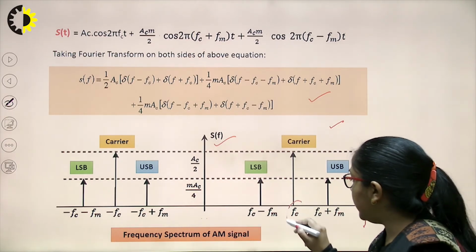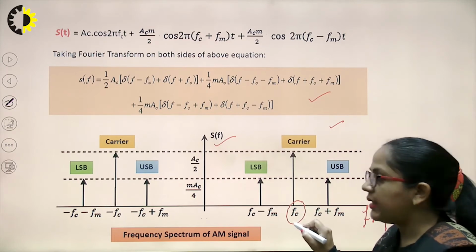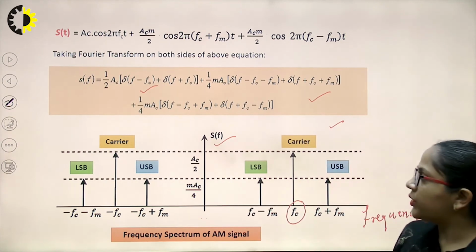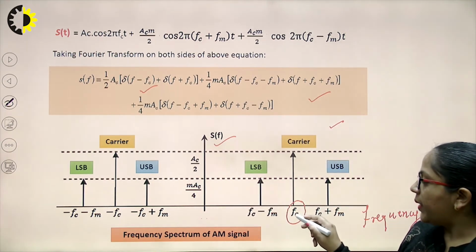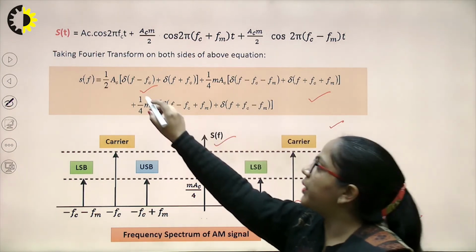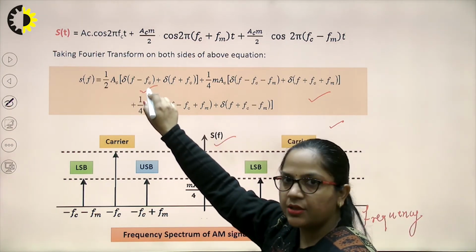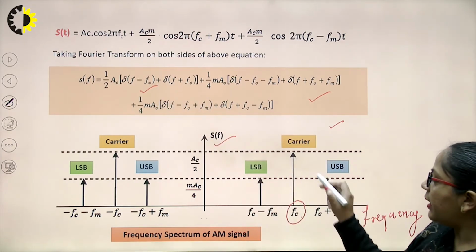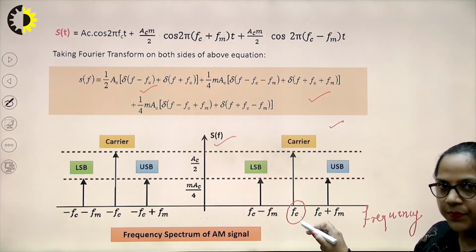First, we have the carrier signal at frequency fc. First, we are drawing for the carrier signal. So, we have delta of f minus fc, and this particular delta function will exist when f is equal to fc. So, we have drawn a carrier at f equal to fc.